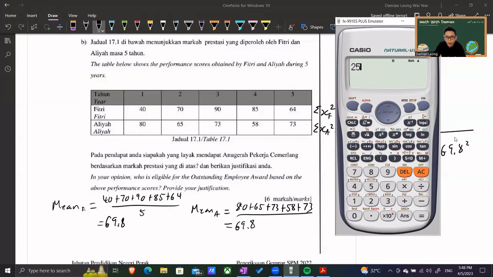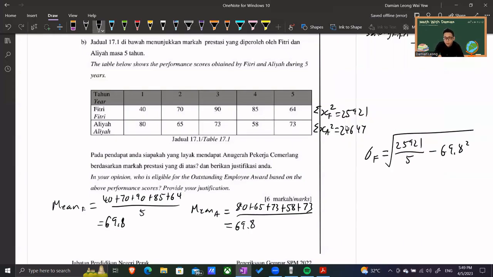So it's 25921 over 5 minus 69.8 square, sorry, my bad, and then square root the whole thing. 17.668 standard deviation for Alia.